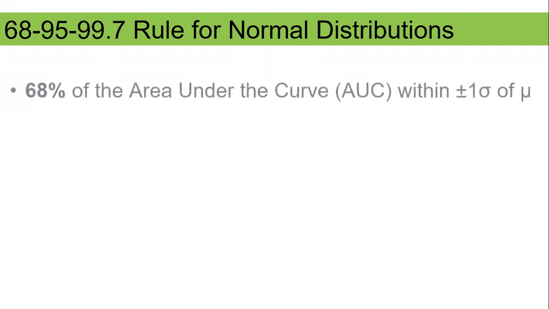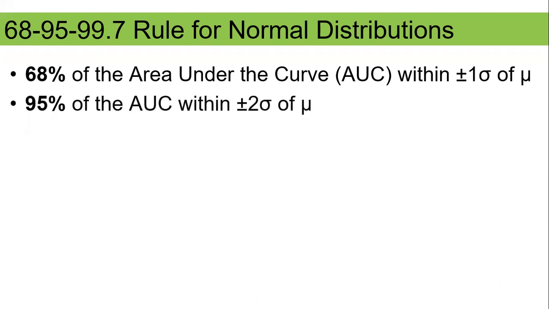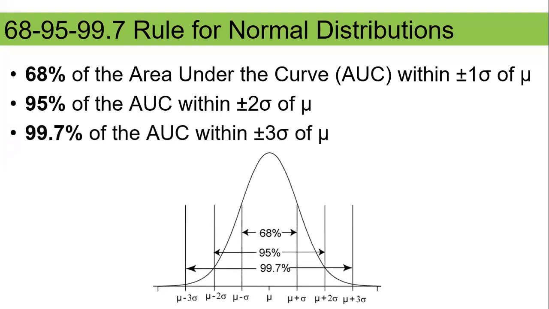For normal distributions, 68% of the area under the curve, or AUC, is within plus or minus 1 standard deviation of your mu, or population mean. 95% of the area under the curve is within plus or minus 2 standard deviations. And 99.7% of the area under the curve is within 3 standard deviations.